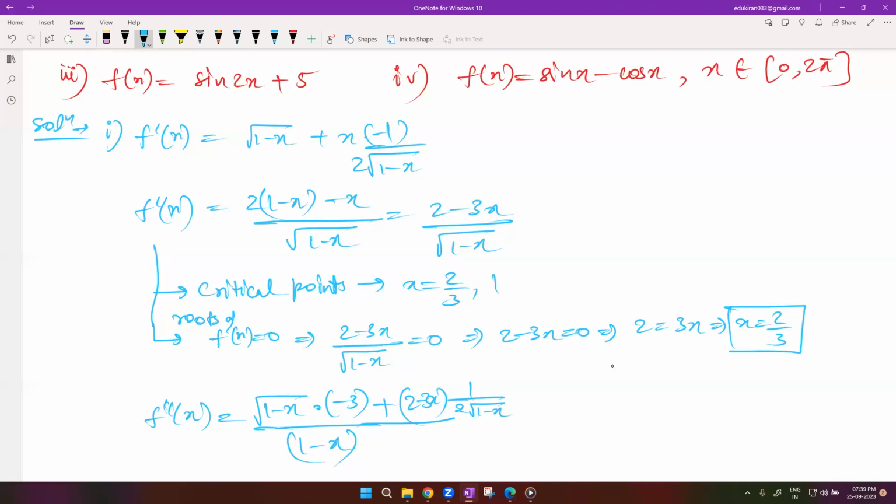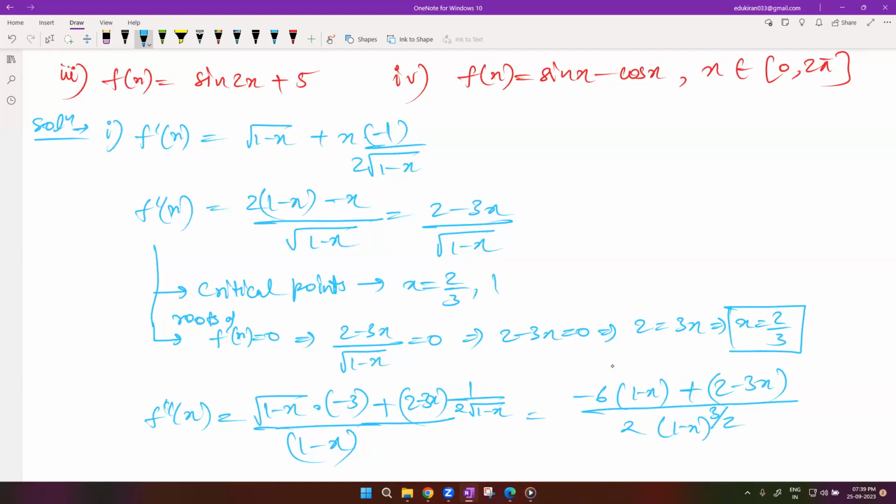There would be a minus here, so this becomes plus. And this can be further solved in the form of -6(1 minus x) plus (2 minus 3x) divided by 2 (1 minus x) to the power 3 by 2.